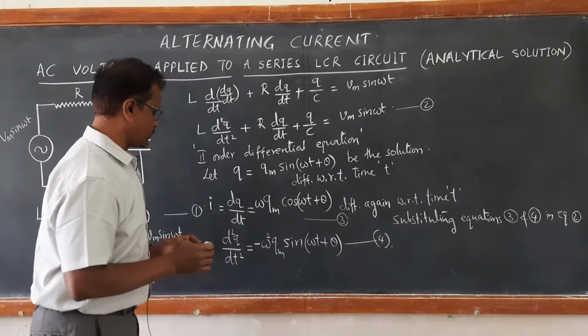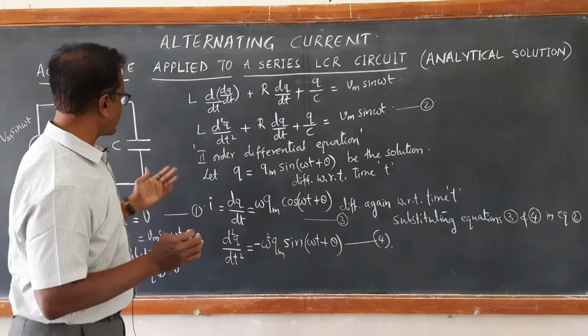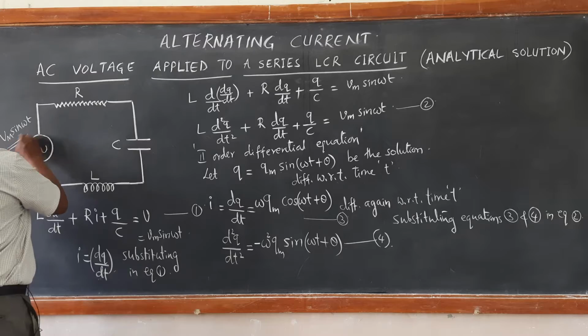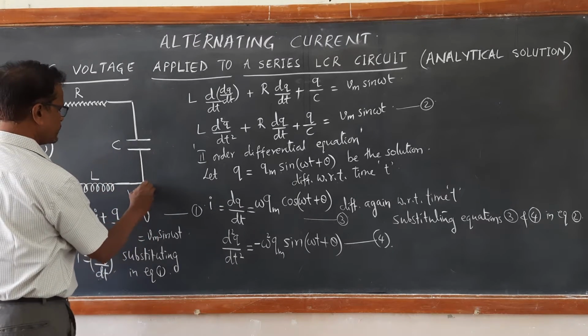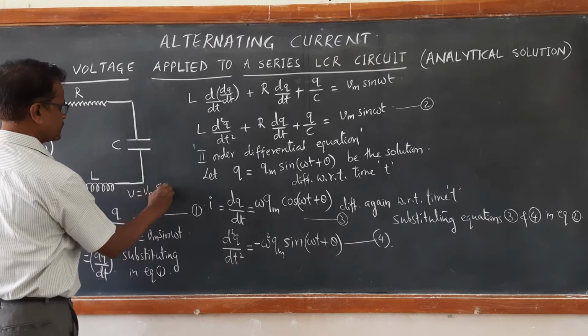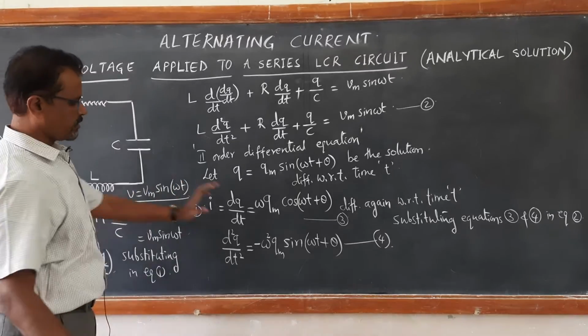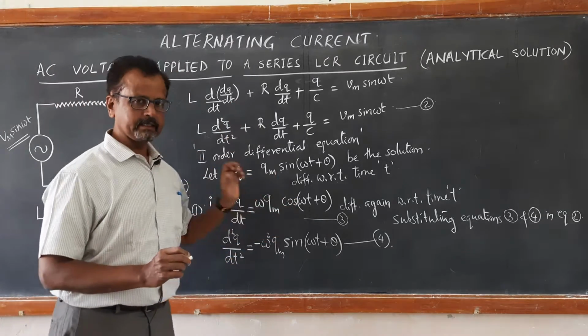Our task is to find the equation for current I, because we already know the voltage here. Recall V equal to Vm sin omega t is the voltage of the source. So what is the current value we want to find out by the analytical method.